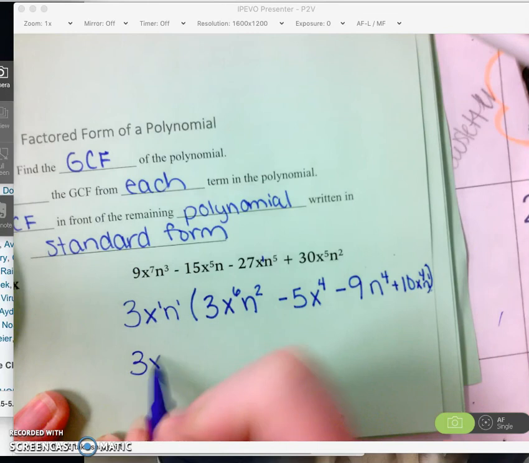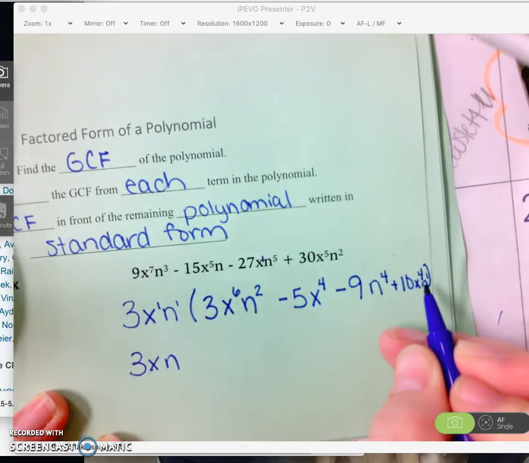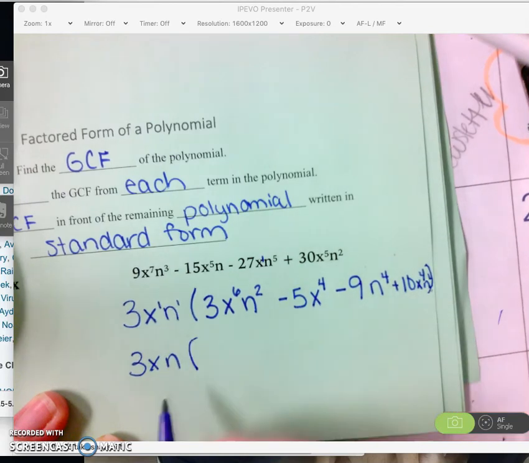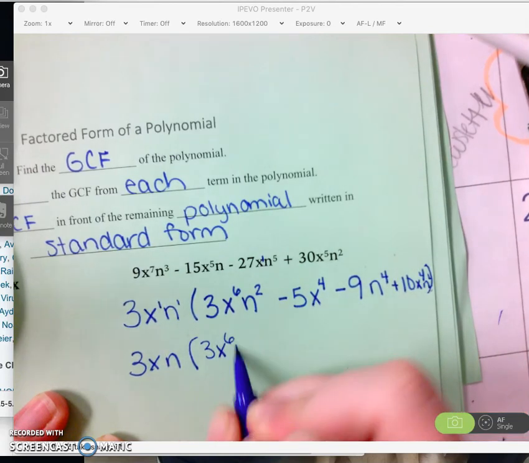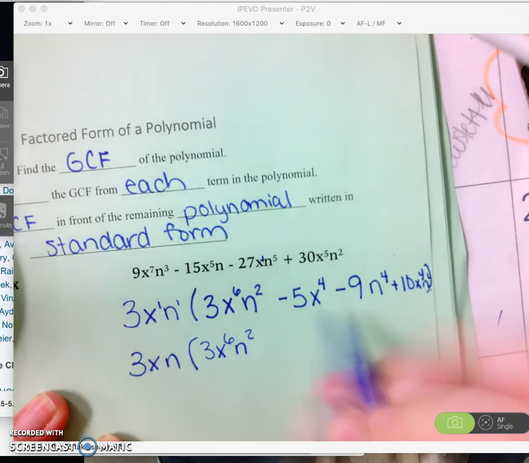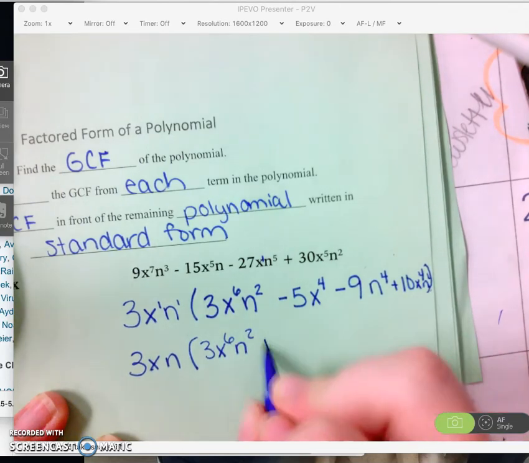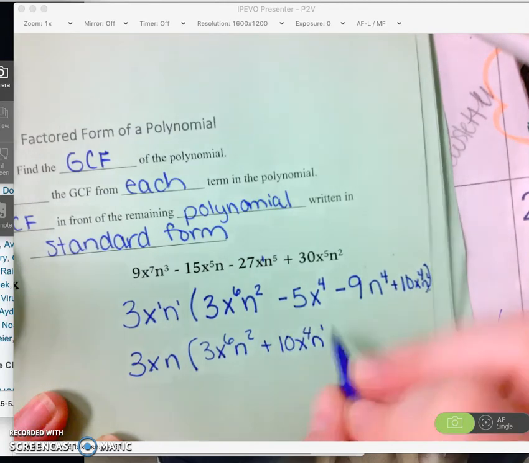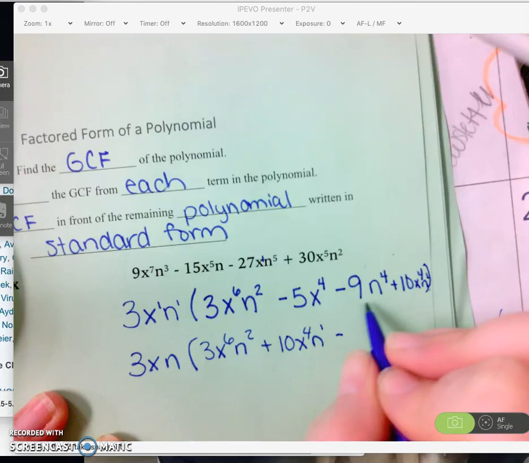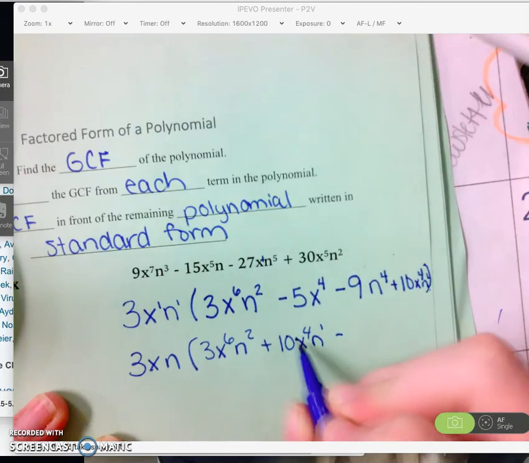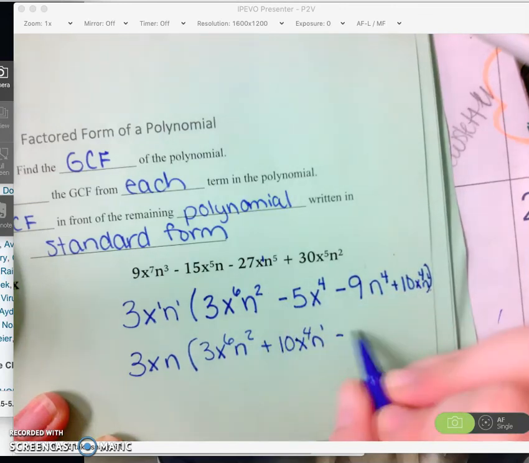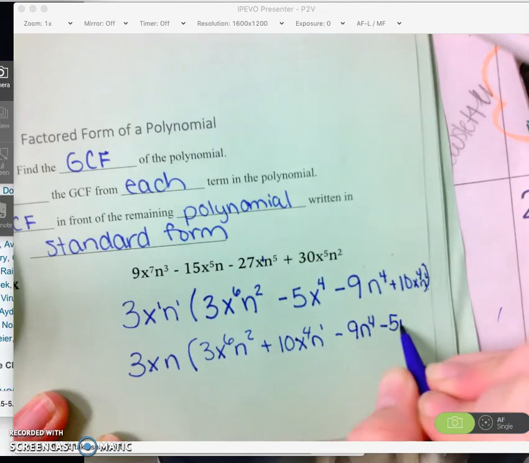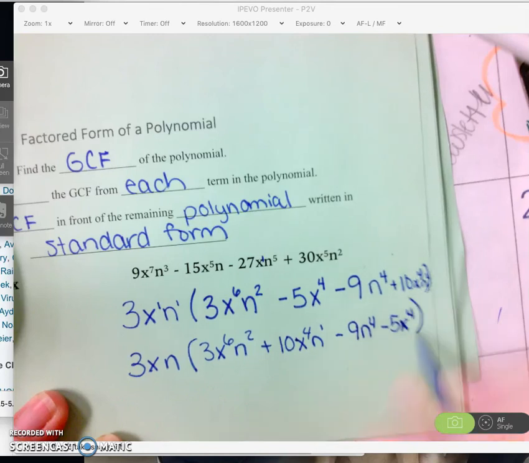Actually, we're going to write this one first because this is 4th and 1st. So we have 3x to the 6th, n to the 2nd. Sorry, that's first. This one is to the 5th degree, so it's 10x to the 4th, n to the 1st. Then this one we want to write, and we want to write this n first, but I'm not going to worry about it. n to the 4th minus x to the 4th.